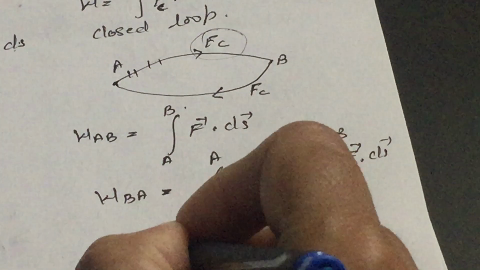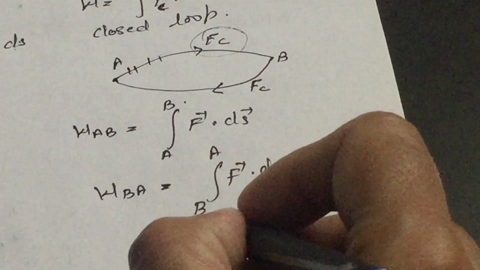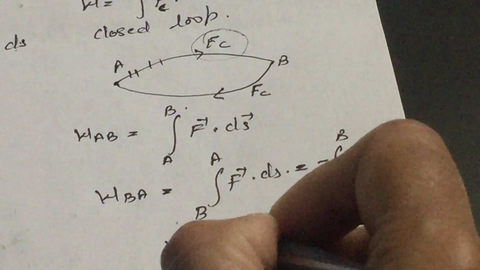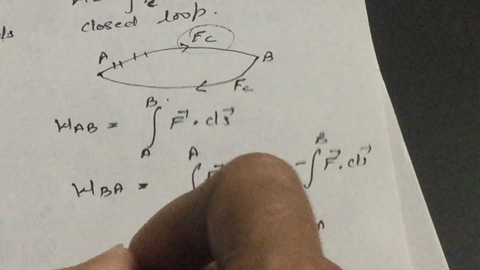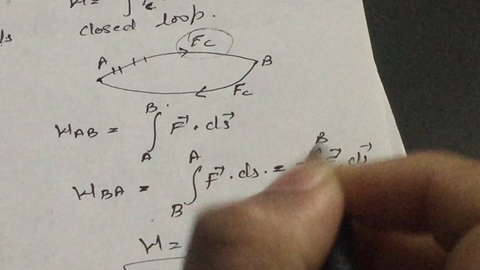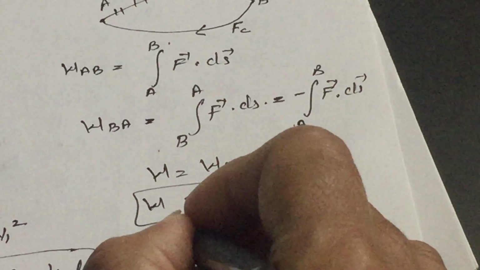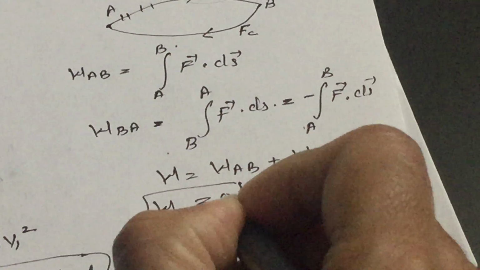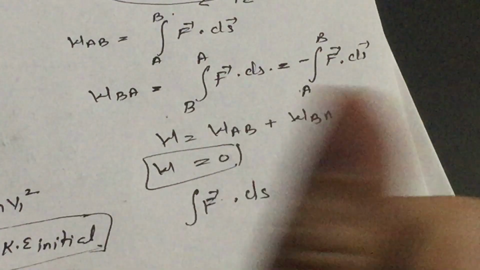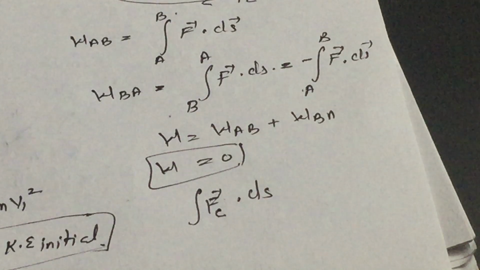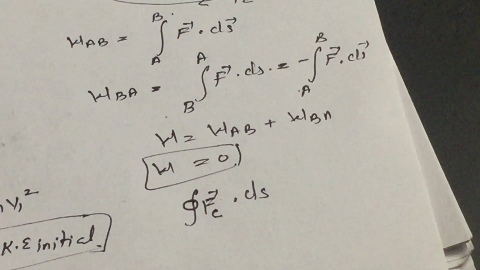And if we find the total work done from A to B and from B to A, we will find that the total work done will be equal to 0 in our case. This total work done is given by the closed integral of F dot ds. The condition is that the given force is conservative and the body is moving in a closed loop.